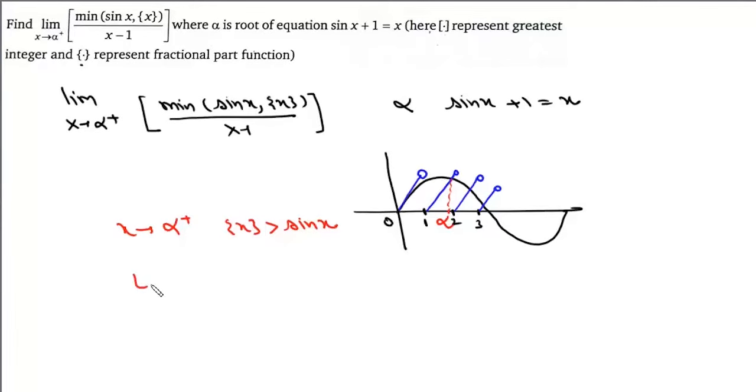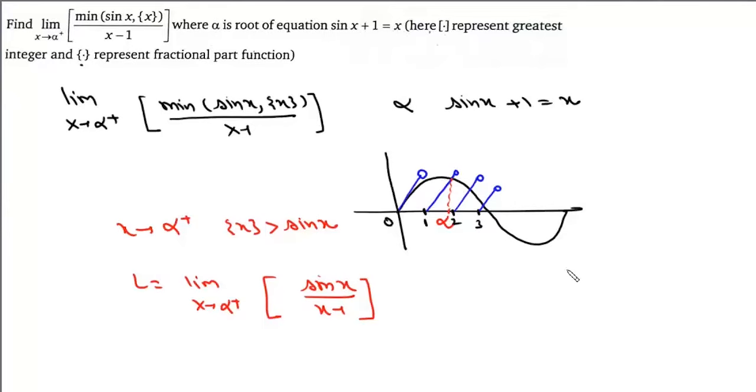So we're going to write this limit as limit x tends to alpha positive, greatest integer function of sin x upon x minus 1. Now we know that at this point it is sin x plus 1 equals x.